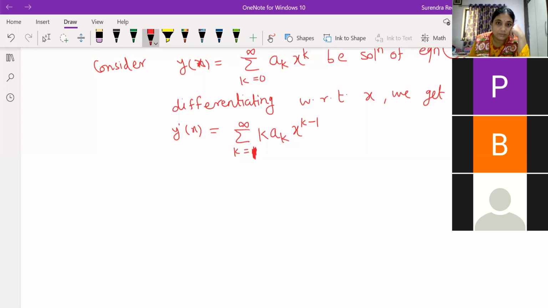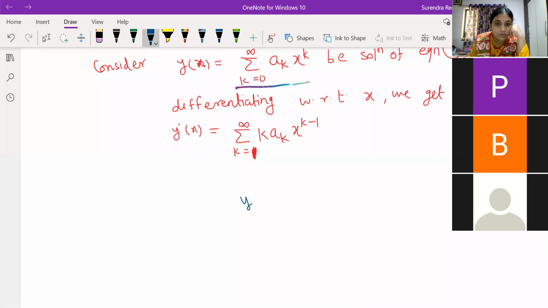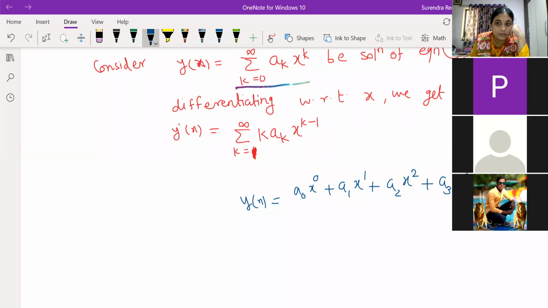Why? Because if I expand this, what was my y of x? k equal to 0 means a0 x raised to 0 plus a1 x raised to 1 plus a2 x squared plus a3 x cubed, and so on.